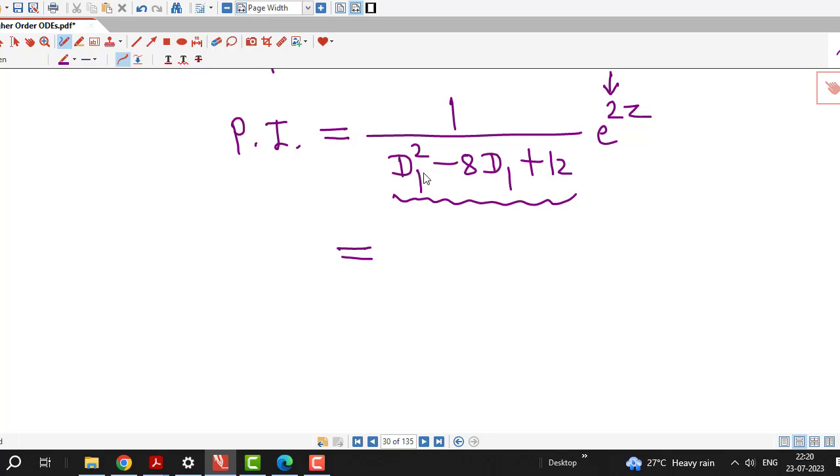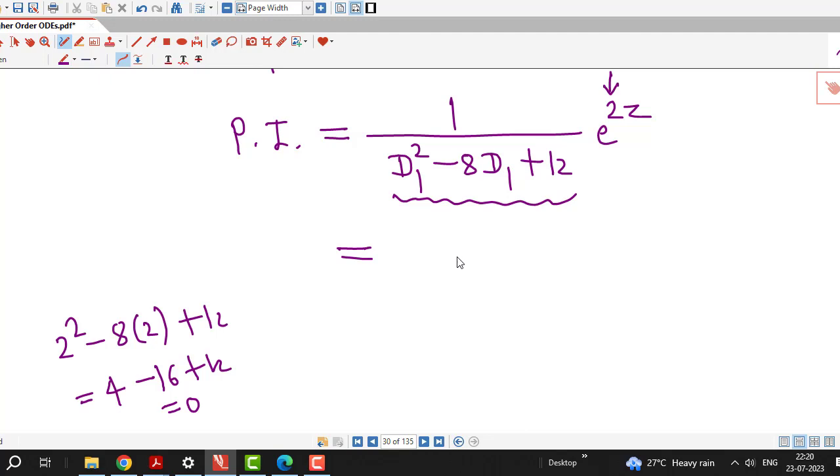Suppose I replace D1 by 2, then I will have 2 square minus 8 into 2 plus 12, which is 4 minus 16 plus 12, and this is going to be 0. If I take D1 equal to 2, this quantity becomes 0.